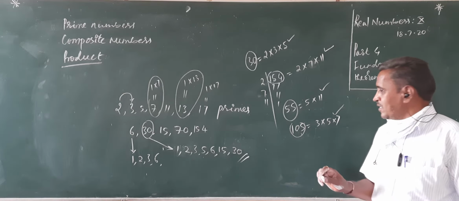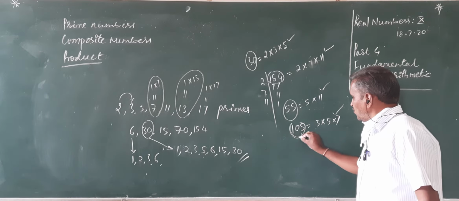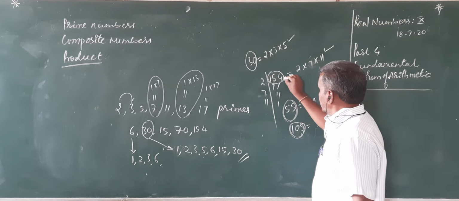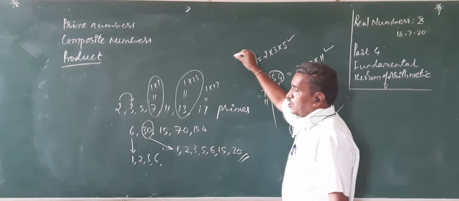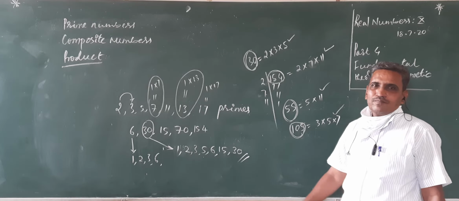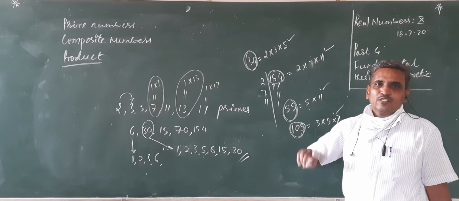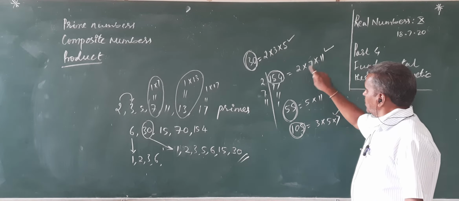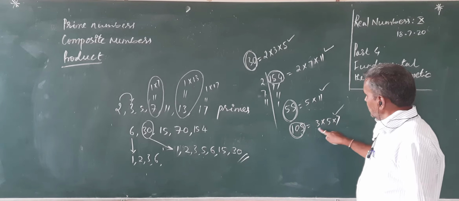It means 105 is a composite number, 55 is a composite number, 154 is a composite number, 30 is a composite number. So every composite number is always expressed in the form of a product of its primes, the product of prime numbers.